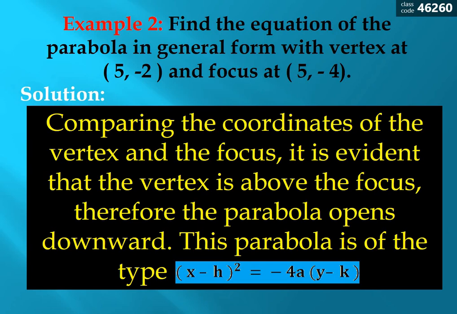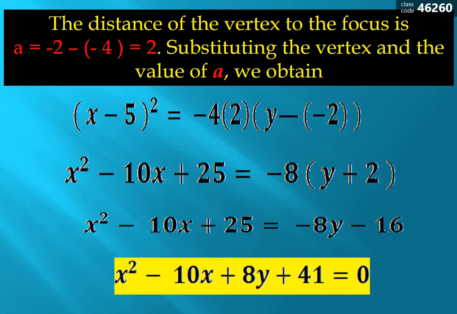It is evident that the vertex is above the focus, therefore the parabola opens downward, and this parabola is of the type the square of x minus h equals negative 4a times the quantity y minus k. Okay, let's see. The distance of the vertex to the focus is given by this. A is equal to negative 2 minus negative 4, which when you simplify this is equal to 2.